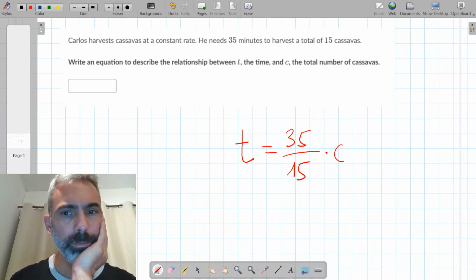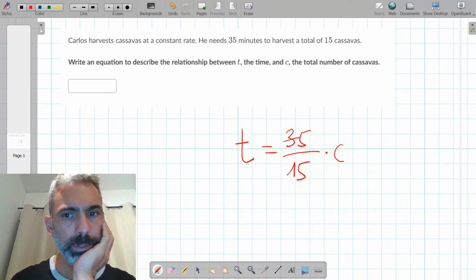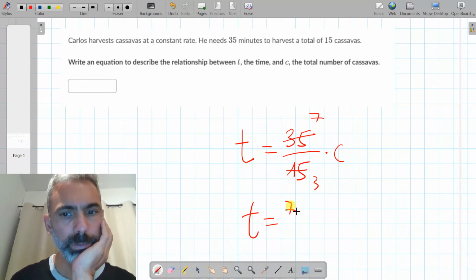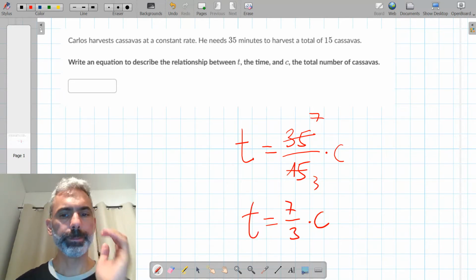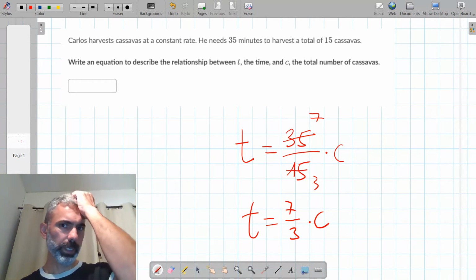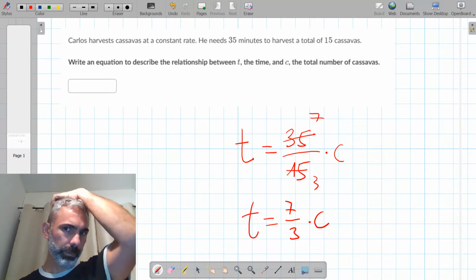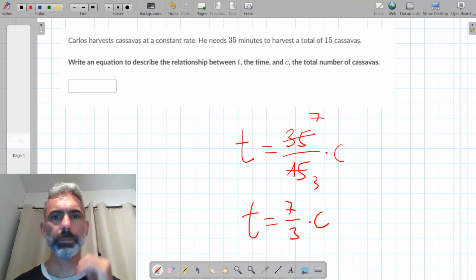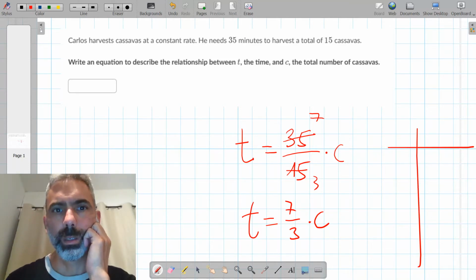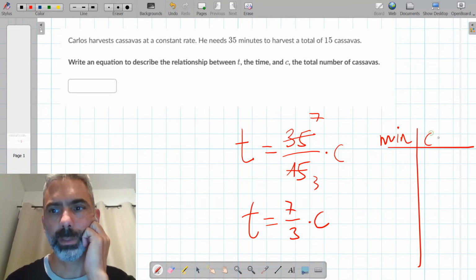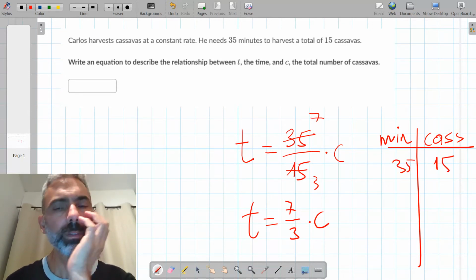Okay, this can be simplified. If I divide 35 by 5, it's 7, and 15 divided by 5 is 3, so T equals 7 over 3 times C. Right? See, minutes and cassavas. 15 cassavas and 35 minutes.